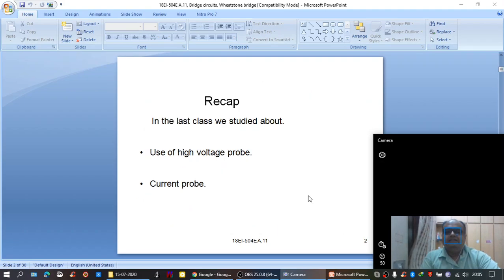In the last class, we have seen about the high voltage probe, constant current probe, and the differential type of voltmeter.